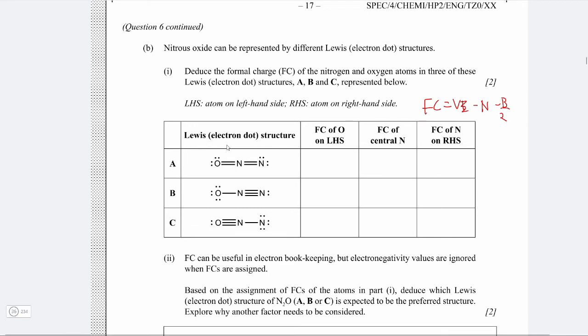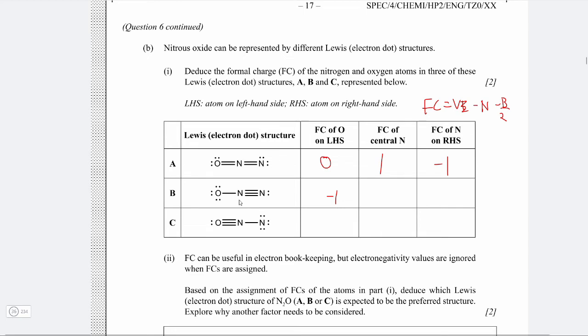Oxygen has 6 valence electrons, and then you take away 4 minus 2, so 6 minus 6 equals 0. Formal charge on nitrogen. Nitrogen usually has 5, and then you take away 4, so it has 1. This one also usually has 5. You take away 4 here and take away 2 extra, so you take away 6. 5 minus 6 is minus 1. And same business here. You have 6, take away 6, take away 1, minus 1.